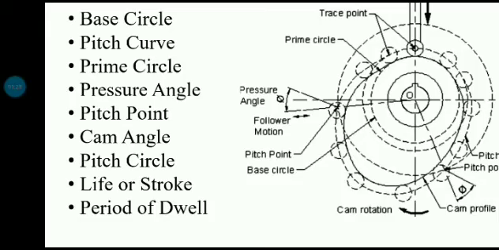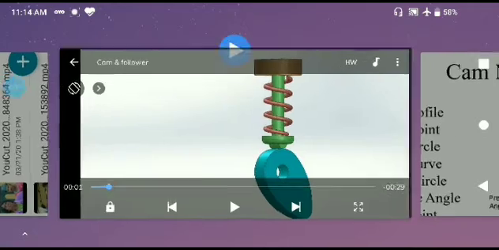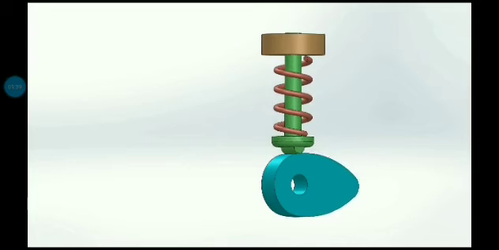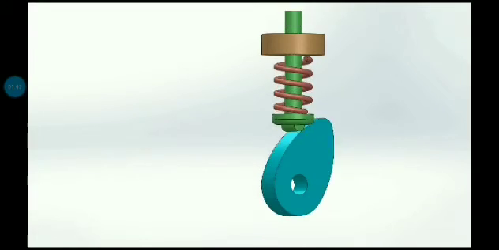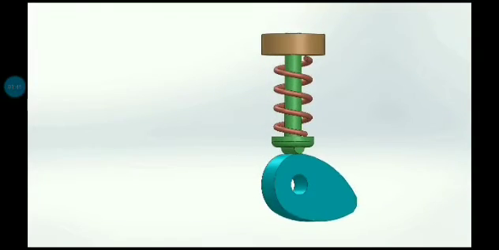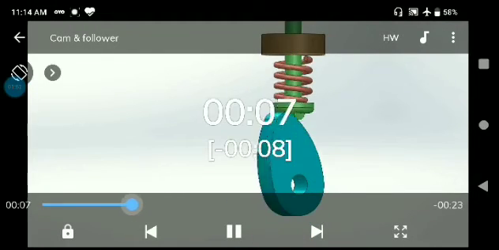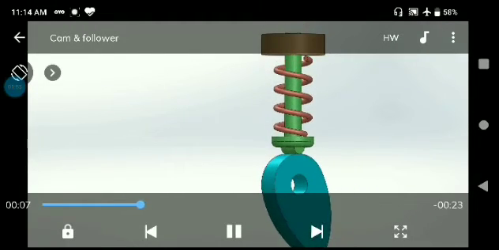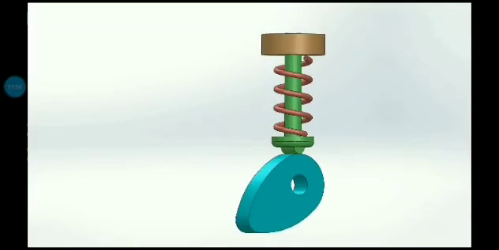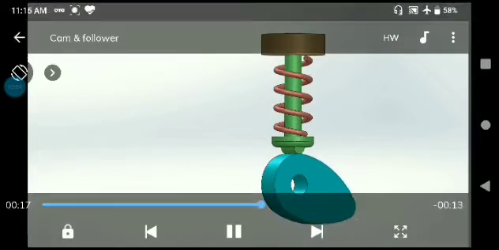Both these terms can be explained using this video. You can see this is the cam and follower mechanism. So you can see the follower is going up and down. The stroke means the distance the follower travels from the lowest position to the topmost position. That is the stroke of a follower.